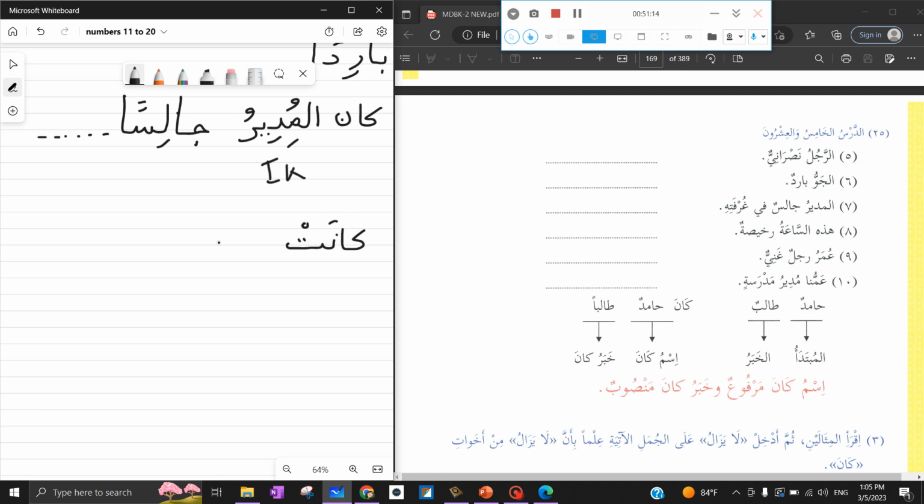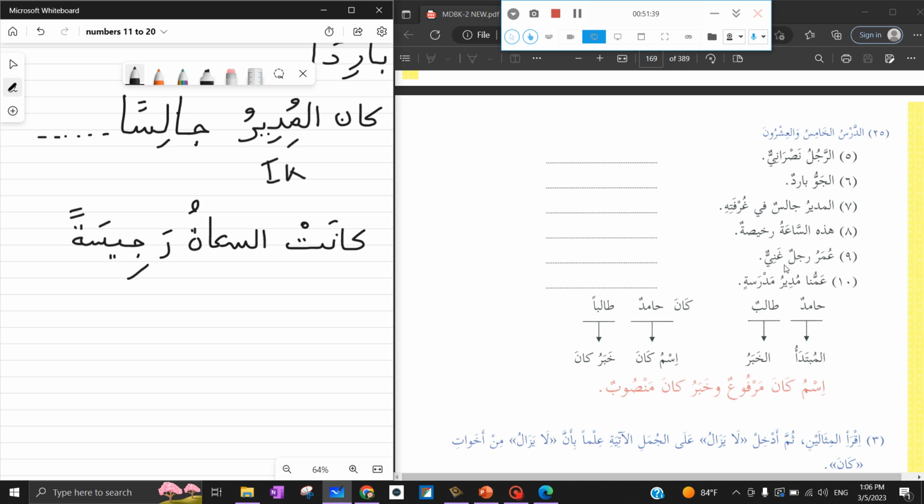Kanat as-sa'atu. As-sa'atu rakhisatun means cheap. So what will be the khabar kana? If this is ism kana, rakhisa, then since it is with ta marbuta, it will carry a tanween fathatain. Rakhisatan.